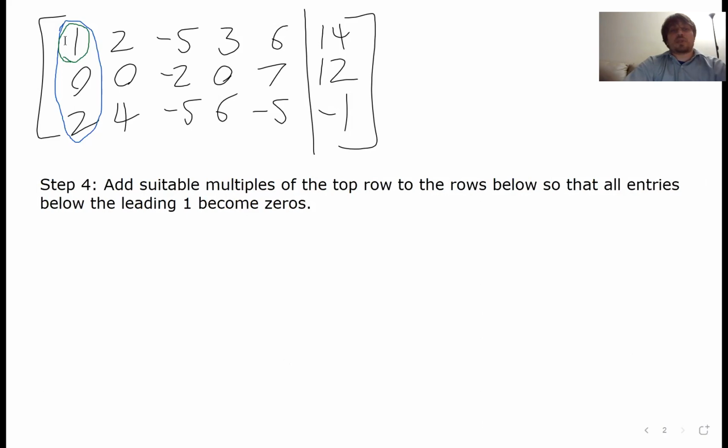Okay, so we're going to add suitable multiples of the top row to the rows below, so that all the entries below the leading one become zeros.